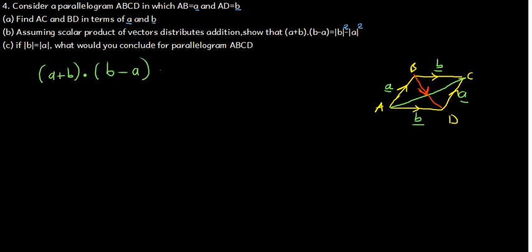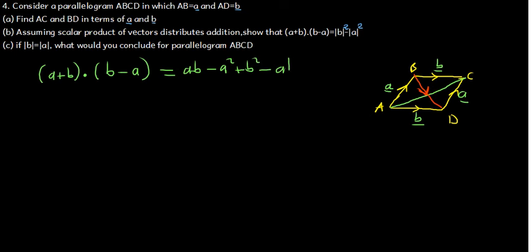When we are performing the dot product, it follows distribution as they've told us there. So a times b, that is going to give us ab, and then a times negative a, that will be negative a squared. We go to b, b times b, that is going to be b squared, and then b times negative a, that will be negative ab.